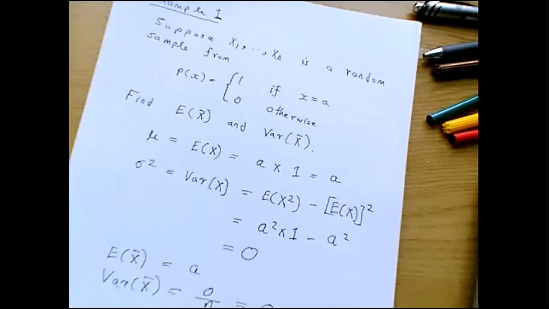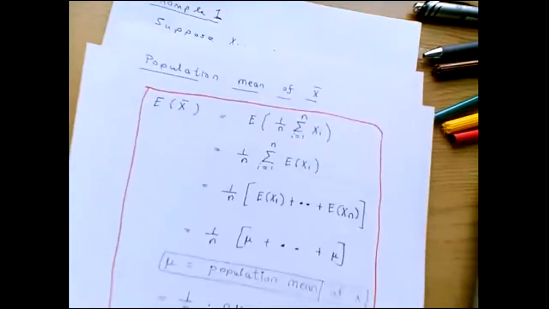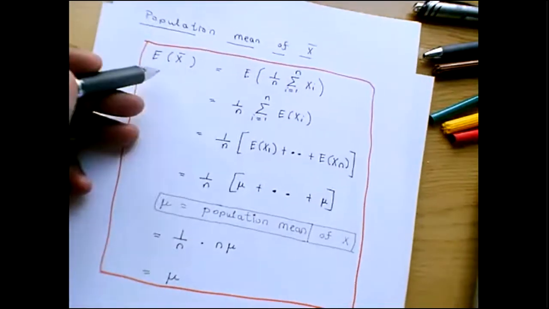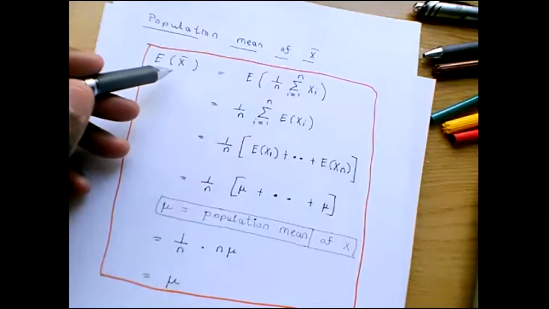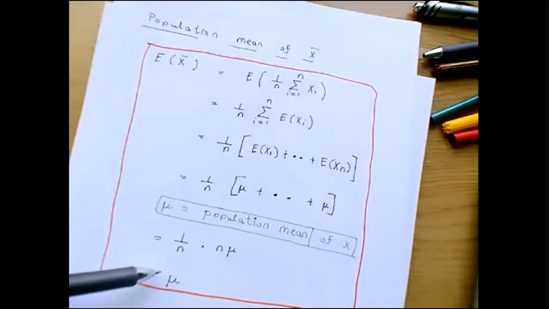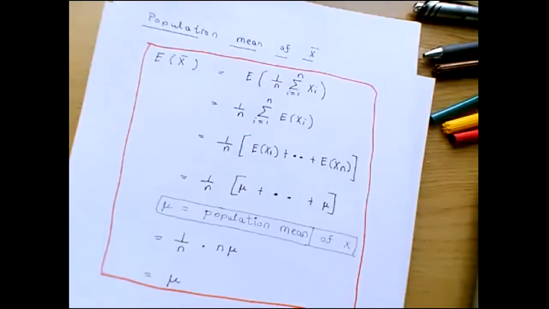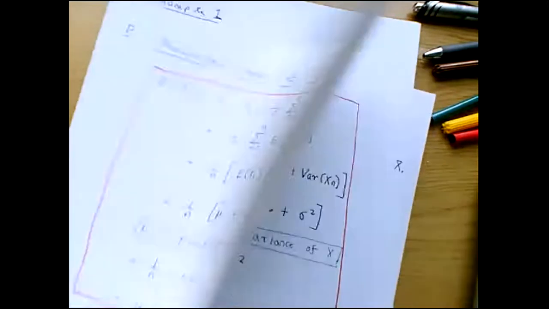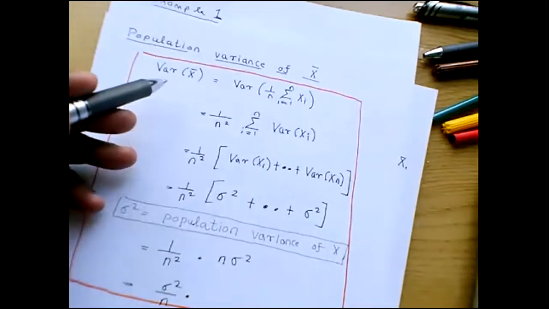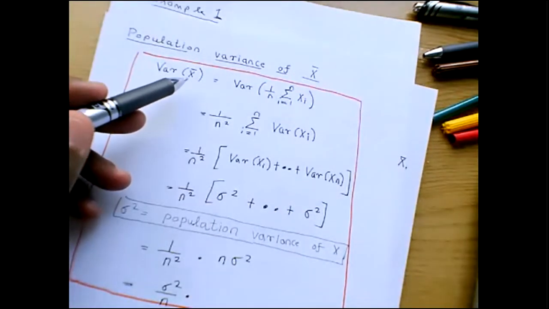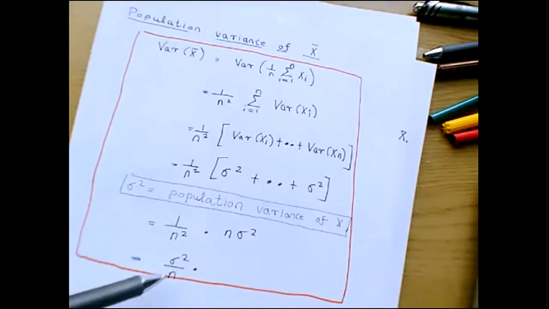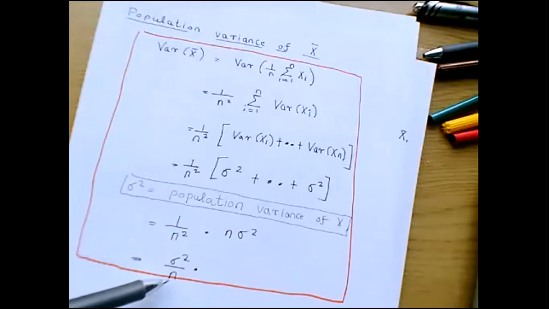You see what I showed you a few minutes ago. Let me show it again. See, this is the slide where I proved that the expected value of the sample mean is equal to mu, the population mean. And the variance of the sample mean is sigma squared by n, where sigma squared is the population variance of the x's and n is the sample size.